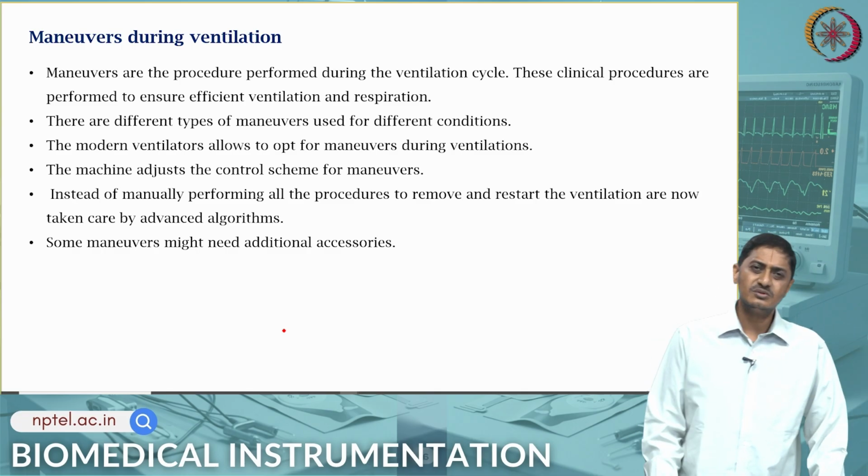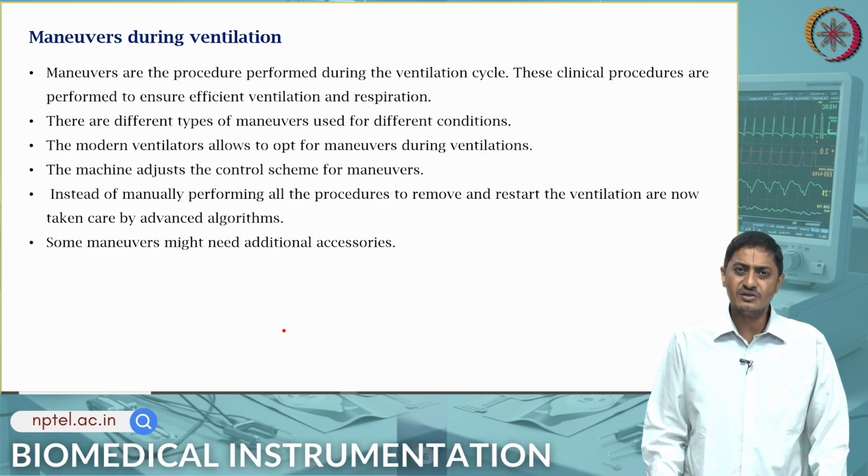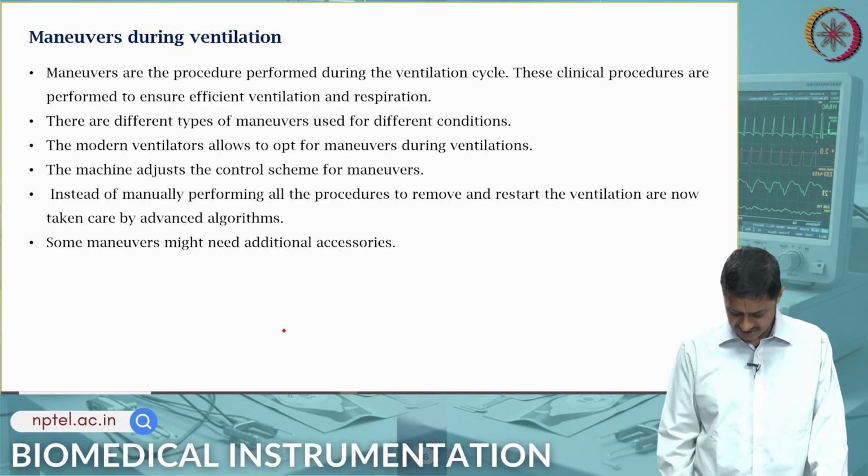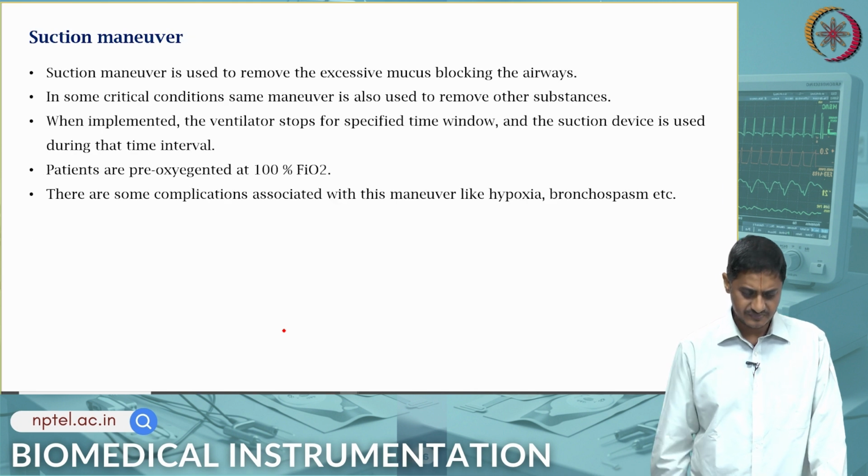Nowadays, it is possible to adjust while ventilating, and sometimes control schemes may also be adjusted using the machine itself. So, it may also be automated, it need not be just manual. Instead of performing manually, there are now advanced algorithms that might do that, but some maneuvers might require additional accessories, additional resources, some additional sensors.